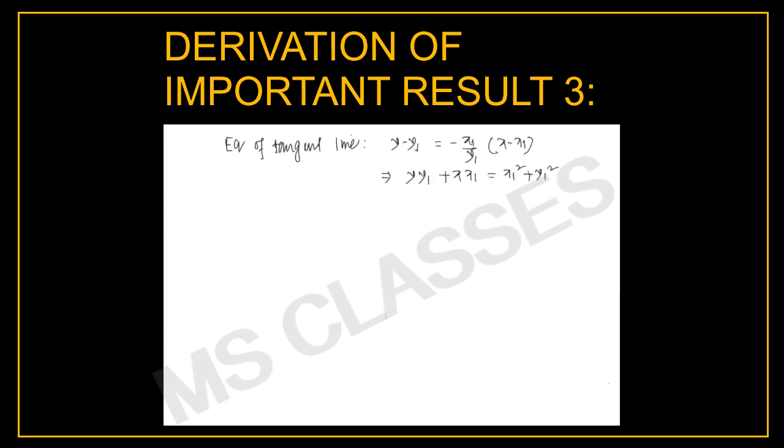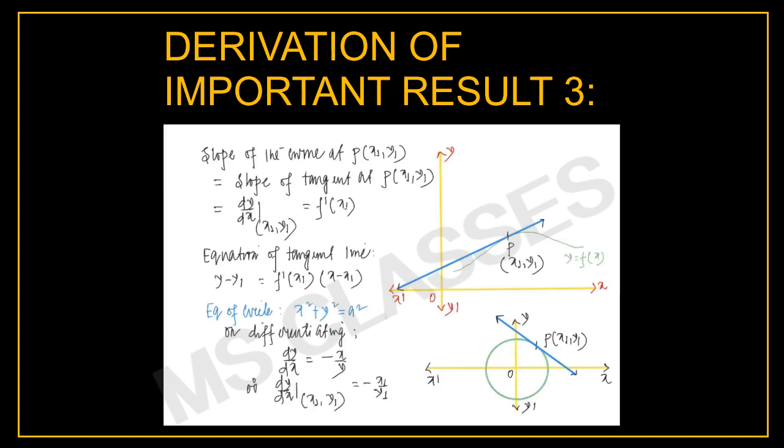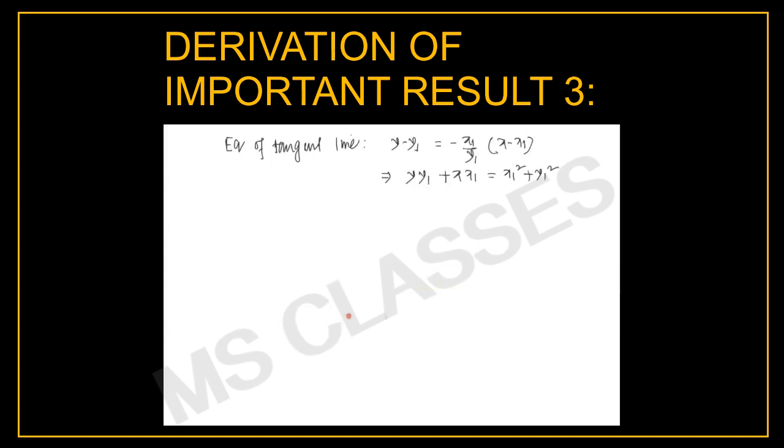Now we think of another very important logic here. The point of contact lies on the circle, so it must satisfy the equation of the circle. So you can write this as a square. Why? As the point of contact lies on the circle, it must satisfy the equation of the circle.